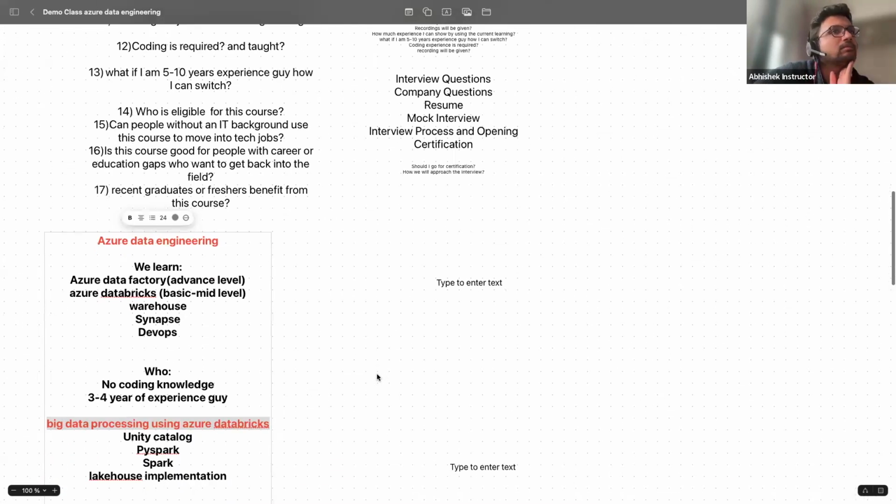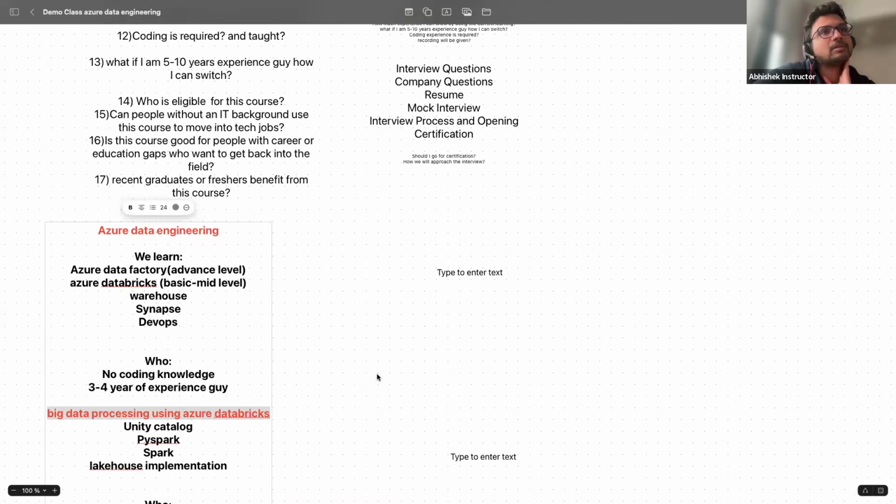Any SQL is fine. Procedures are not needed. You need to understand basic commands of SQL, such as what is a join, how to do data aggregation, how to filter the data. Those basic knowledge you should have in either of the languages, either SQL or Python.